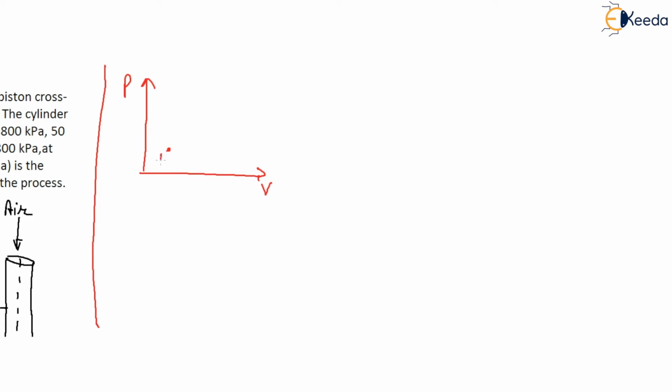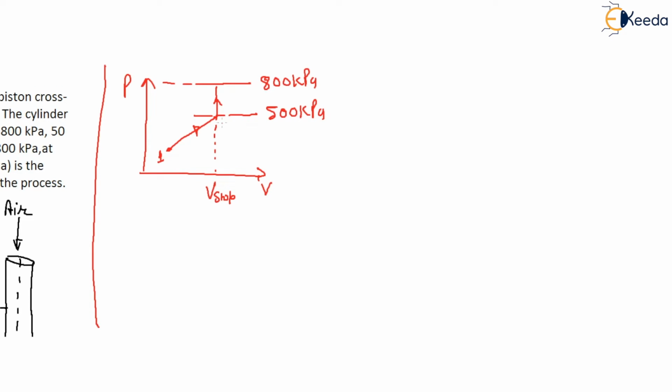This is your point number 1. This will hit the stop, this is your V stop. And when it reaches the stop, this is constant volume. Why? Because the pressure goes up to 800 kilopascal from 500 kilopascal.